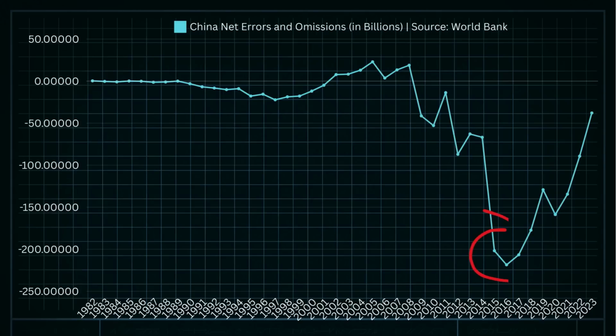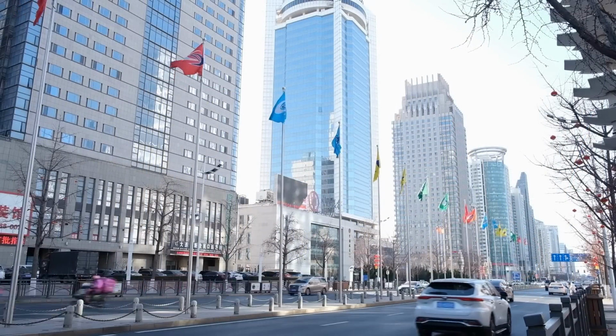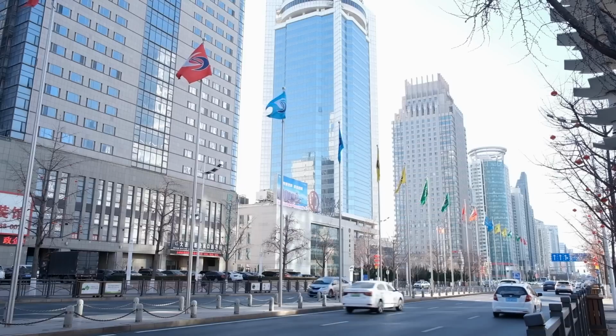For example, from 2015 to 2017, China experienced large negative figures in this category, suggesting substantial untracked capital leaving the country.